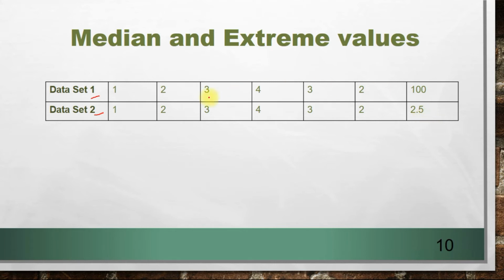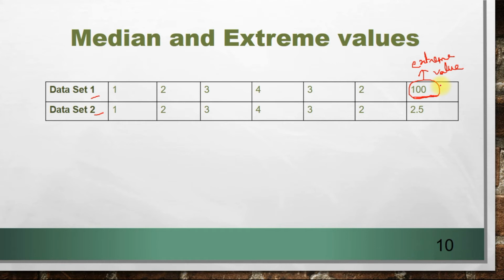But in data set 1, one value is too big compared to the other values, and that value is 100. So here 100 is an extreme value. Why is this an extreme value? Because this value is very big compared to the other data points.